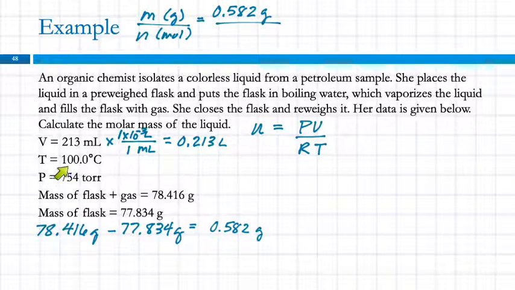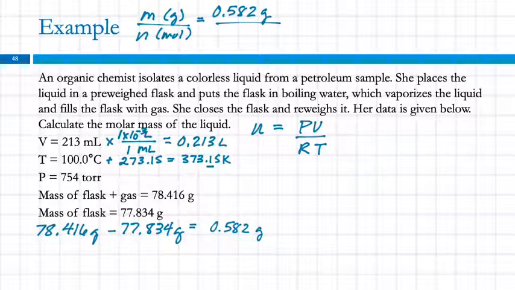Here the temperature is 100.0 degrees Celsius. It was measured more precisely. This would be a good time to use the full 273.15. So that's going to be 373.15 Kelvin, with that first decimal place being the last significant figure.